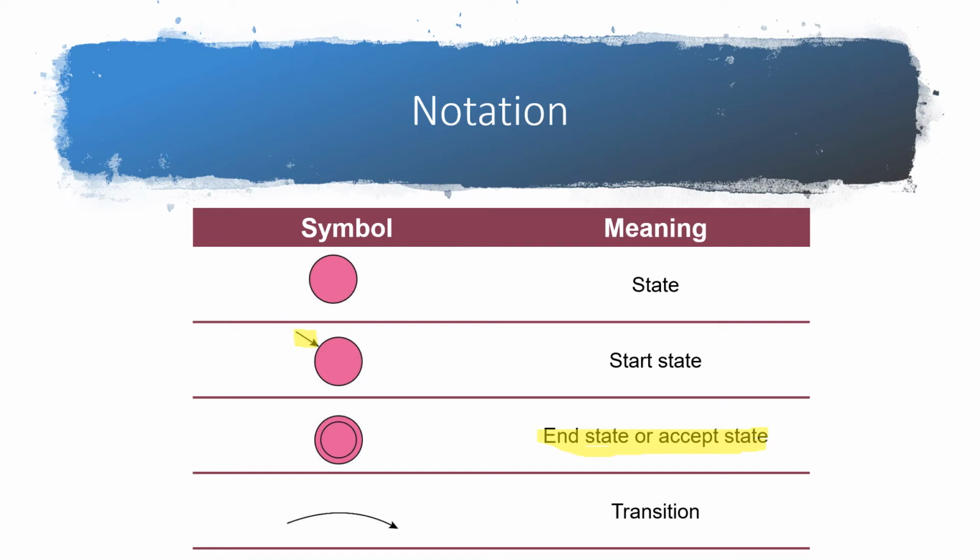That inner circle is what makes it an accept state. So you can see here that we've got this circle within a circle. That is the accept state, right? And like before, a transition is just an arrow.